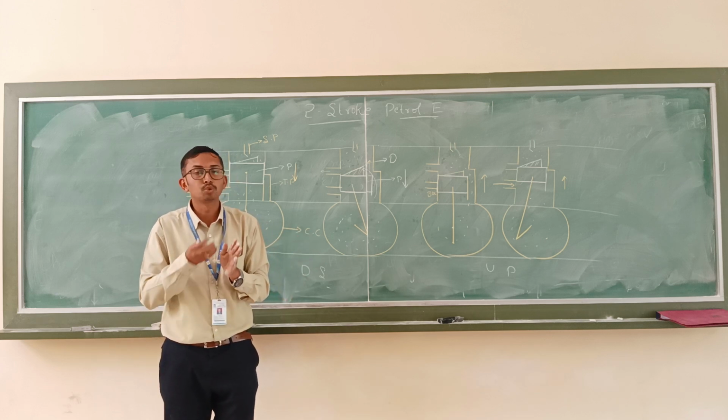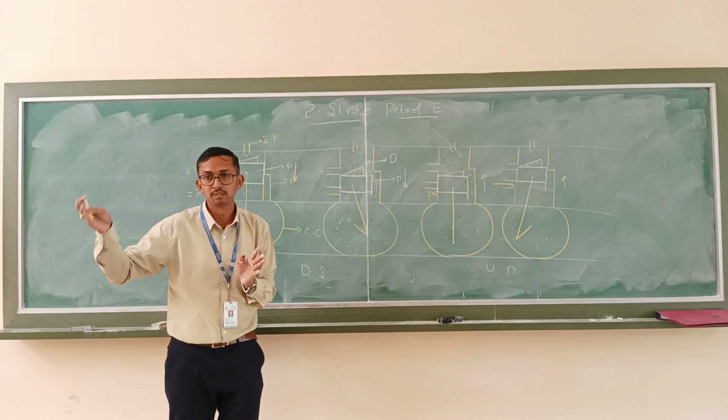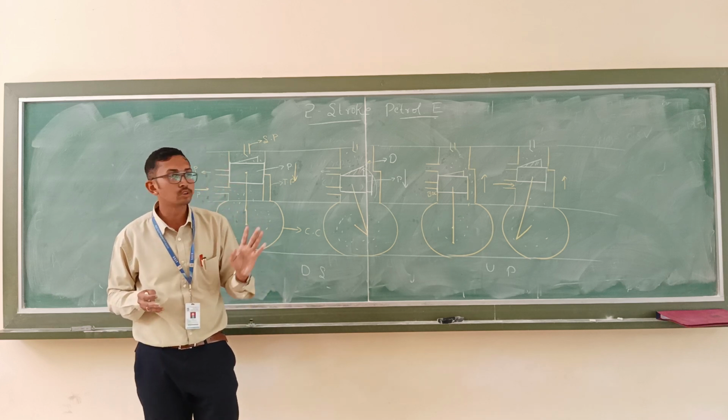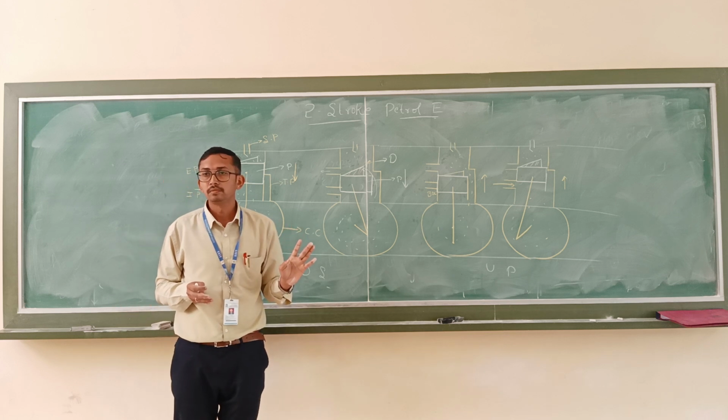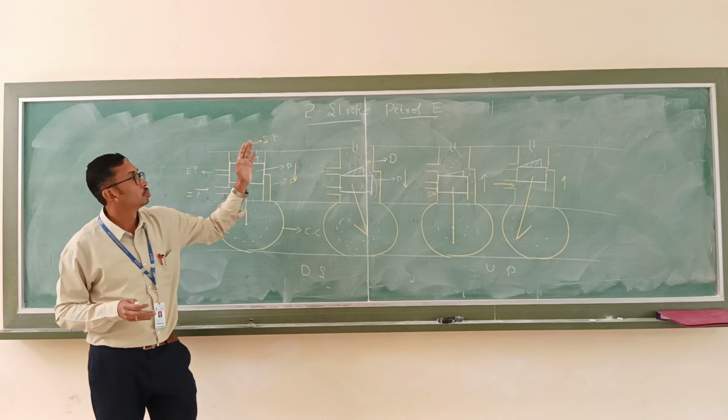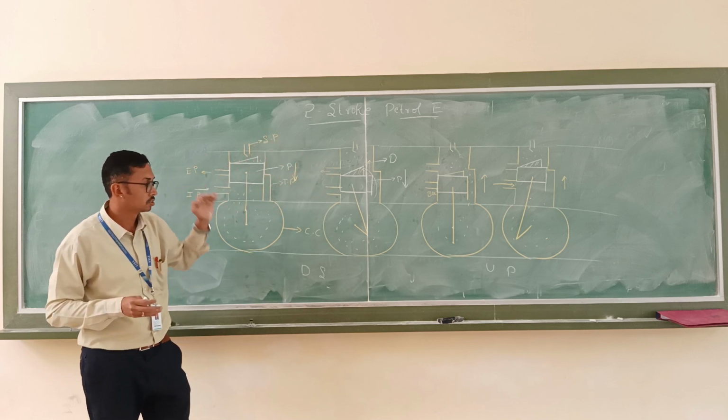Okay, the fuel is going out without combustion, so the efficiency of the vehicle is going to go down. You are going to lose money. Is it clear? So this is about the two-stroke petrol engine, that is the downward stroke.